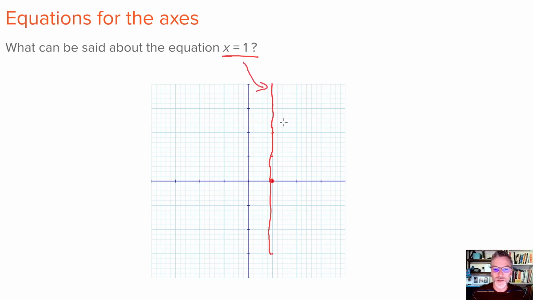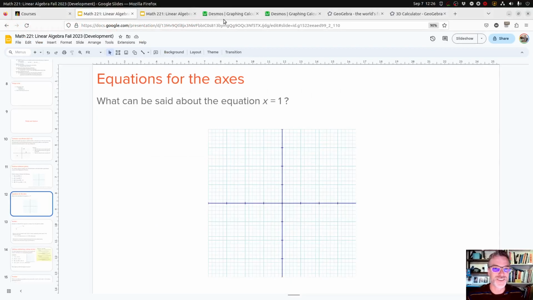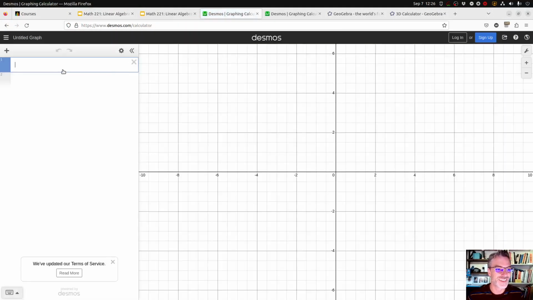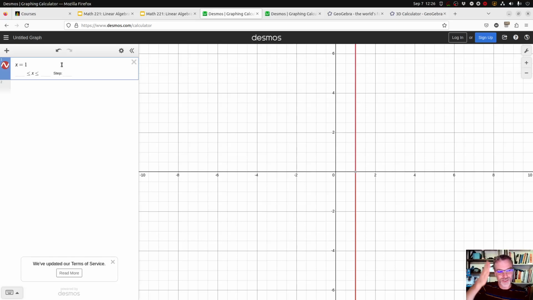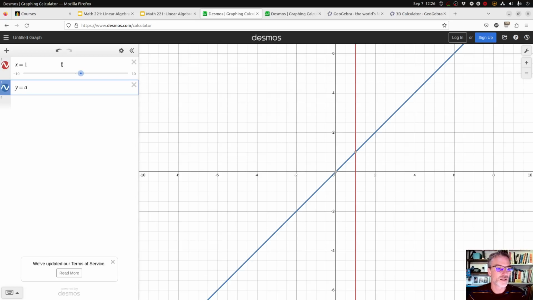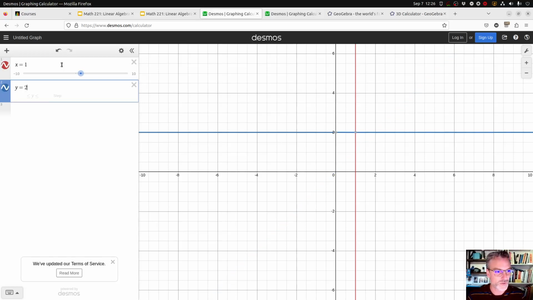Okay. So if I were to write out y equals 1, what would that look like? Well, it doesn't stipulate what x has to be, so x could be anything so long as y is 1. It's going to give me that. Okay, we could also appeal to Desmos to have a bit of a nicer graph, so I could draw it like this. You'll notice it's a perfectly vertical line, and let me do this.